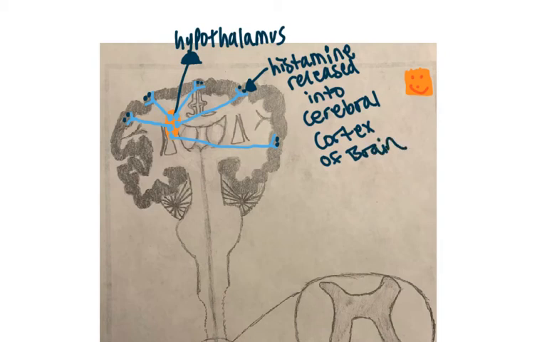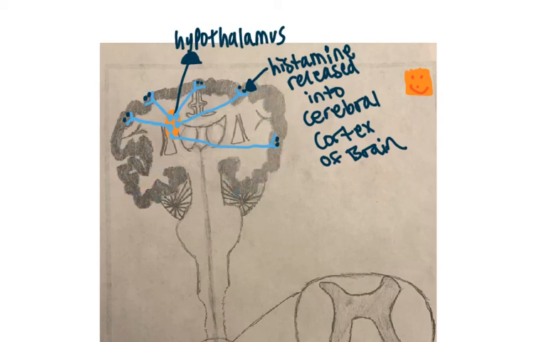Let's just recap. We have a hypothalamus, which is a subcortical structure in our cerebrum. In our hypothalamus, we have a bunch of nuclei that have axons that project to our cerebral cortex, which is this colored structure here.